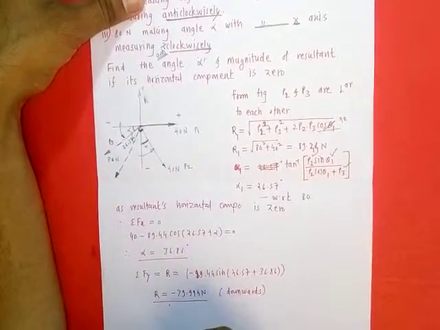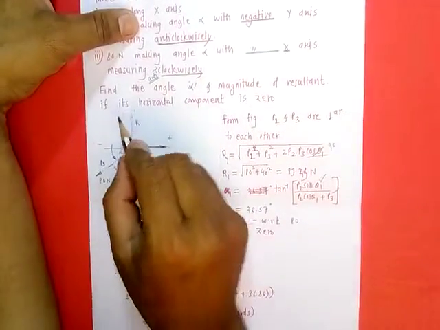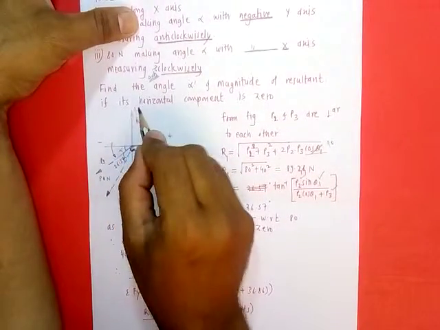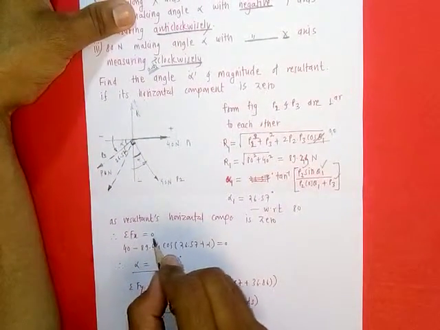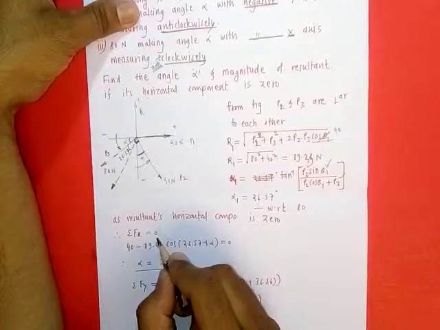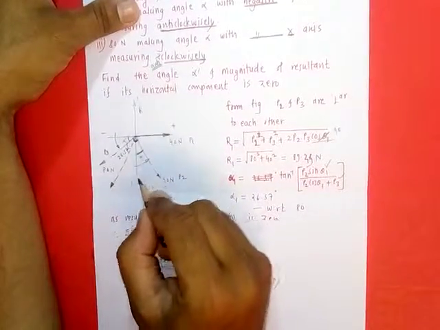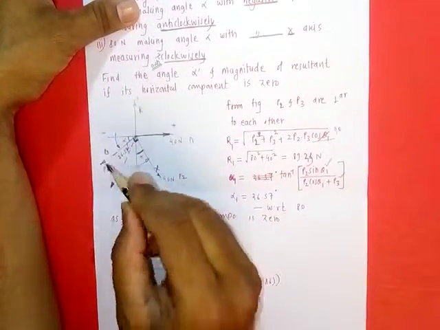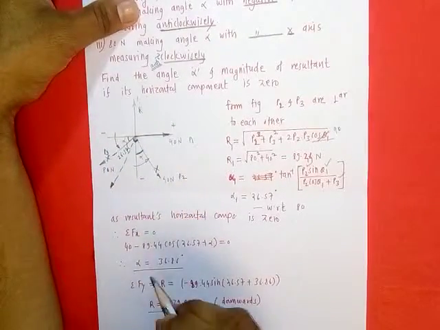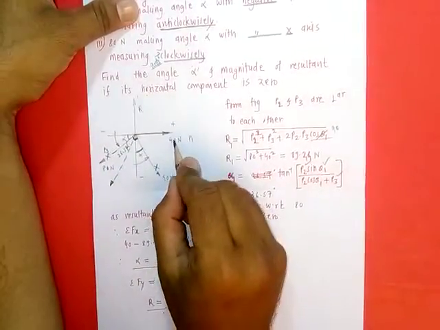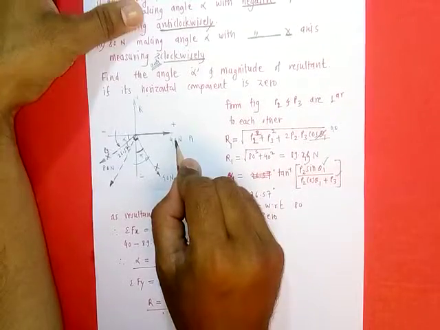Now as horizontal component of resultant is 0, so summation Fx will be 0. Here we have calculated resultant of these two forces, so not required to consider these forces again. So summation Fx means 40 Newton positive sense.